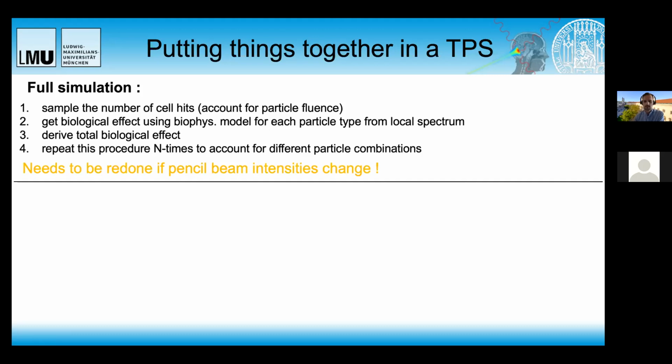And you already know that during optimization, in each iteration, we change the pencil beam intensities. And if you remember from some of the optimizations we did, typically we run like 100, 200, or even 300 iterations until the treatment plan fits our clinical needs.